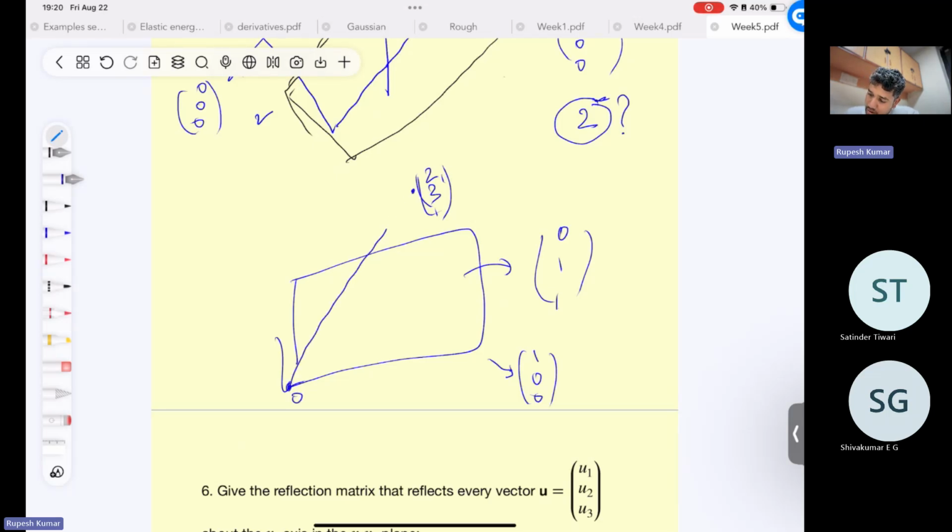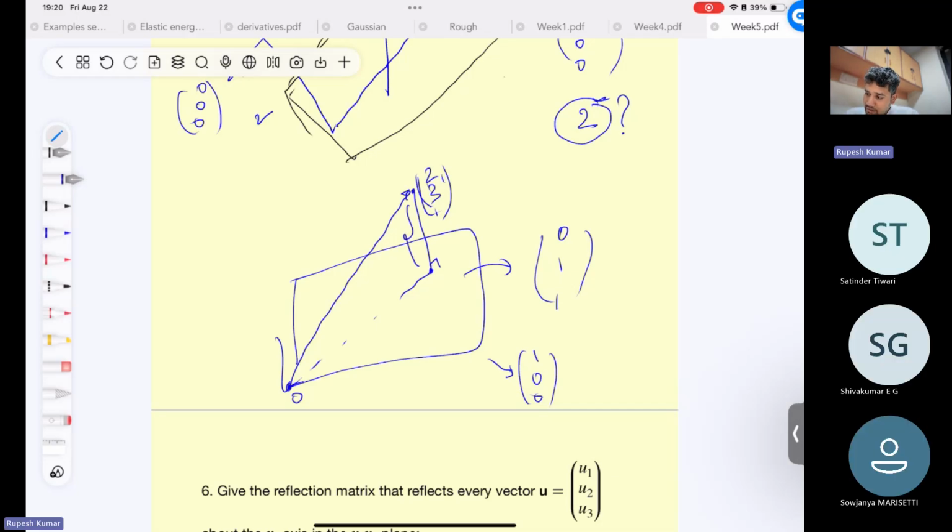You can try to find the orthogonal projection of this point on this plane and try to find the length of this vector, right? We have seen this also in the lectures. So we can also use this information to solve this problem.